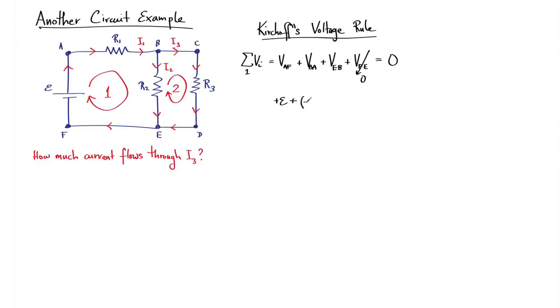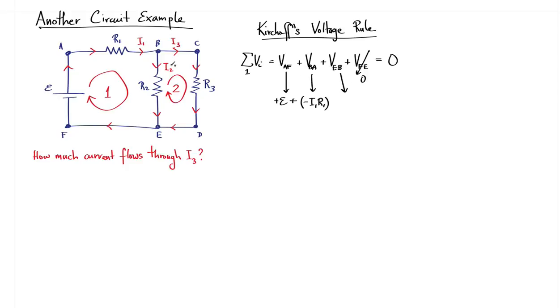So basically that will be a minus I1 R1. The minus, again, is because we're moving with the current, and this is using Ohm's law, V is equal to IR, to get this voltage drop.